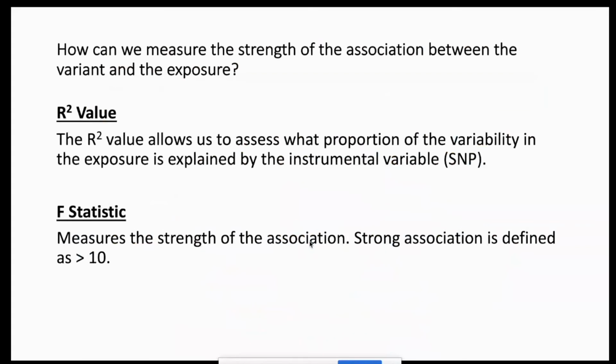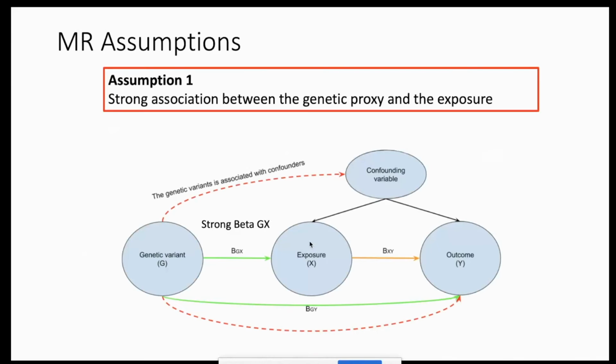So we use the R-squared value, and that shows the proportion of variability in the exposure that is explained by, I'm using this term, instrumental variable, and instrumental variable just refers to the genetic proxy. So the R-squared shows what proportion of the exposure can be explained by the variant. And if this is high, this means that the variant is very strongly related to the exposure, and that's a key assumption for Mendelian randomization.